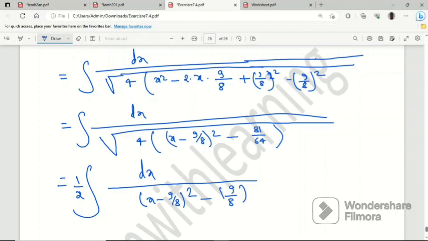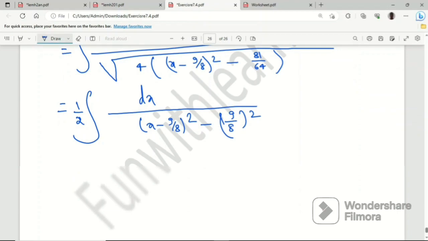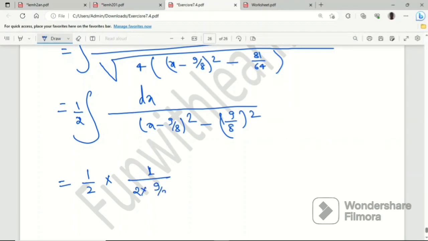Now it is in the form of x square minus a square. The formula of this will be 1 upon 2 into 1 by 2a, 1 by 2a is 9 upon 8. So here I am writing the formula also.